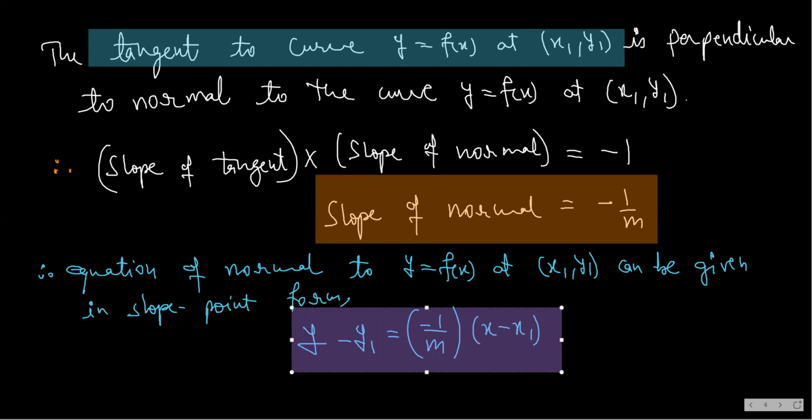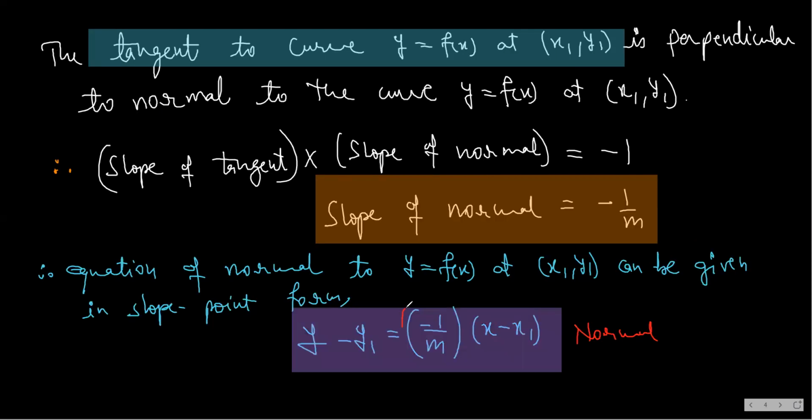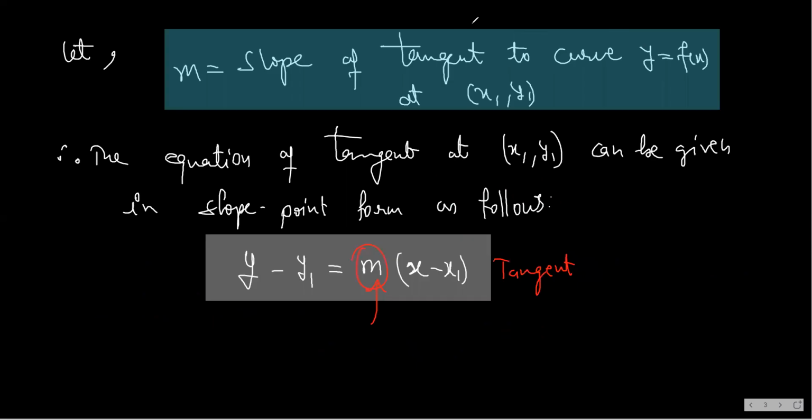That's the difference, students, between this equation, which is the equation of normal, and this equation, which is the equation of tangent. The difference is only the slope. Here the slope is m, and here the slope is minus 1 upon m, because they are perpendicular to each other.